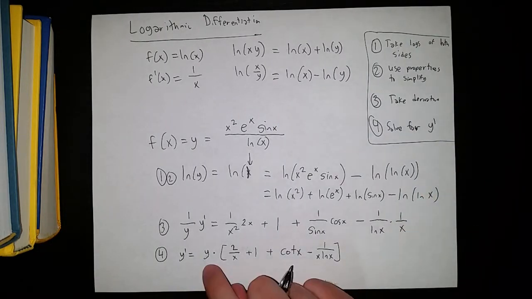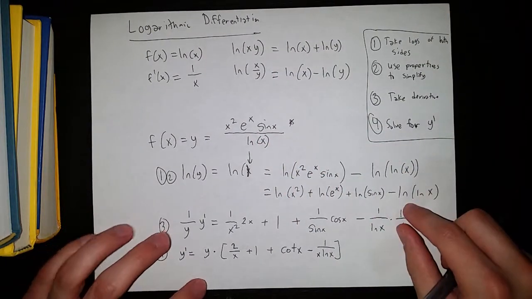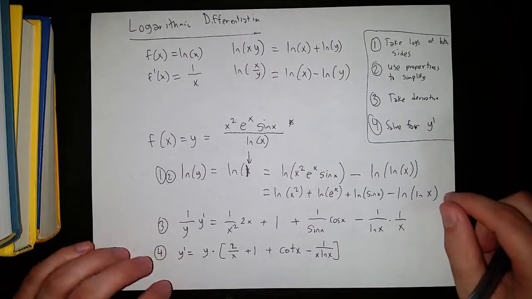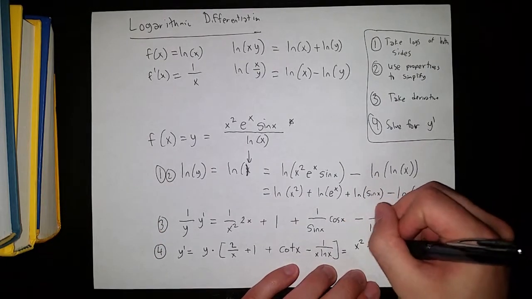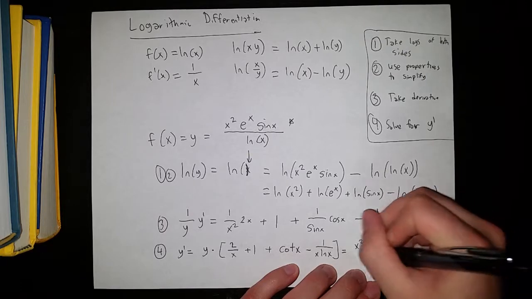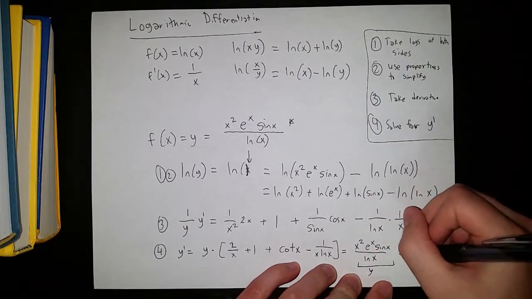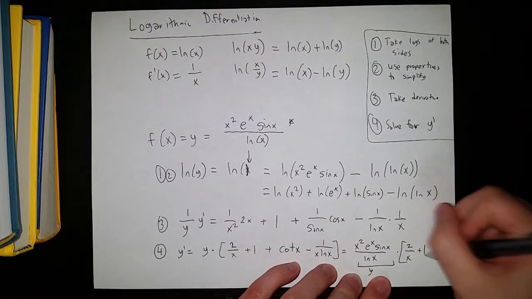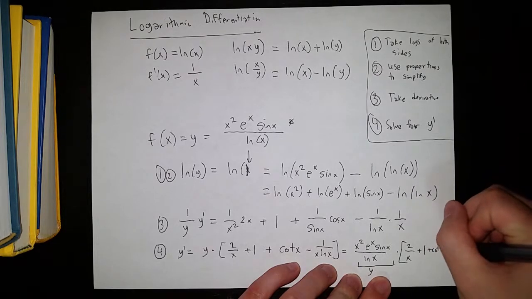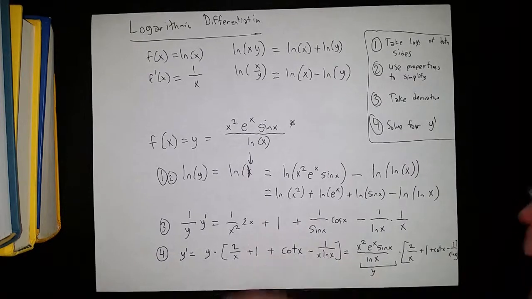So now, what is y? y is right here. So now we multiply through by this, and we get our answer. So this is y, and then we have our derivative that we got from the process. Perfect.